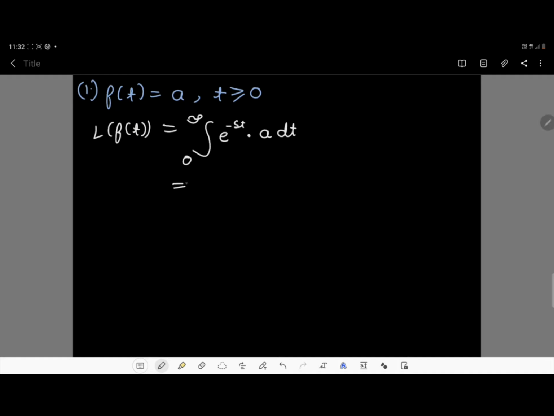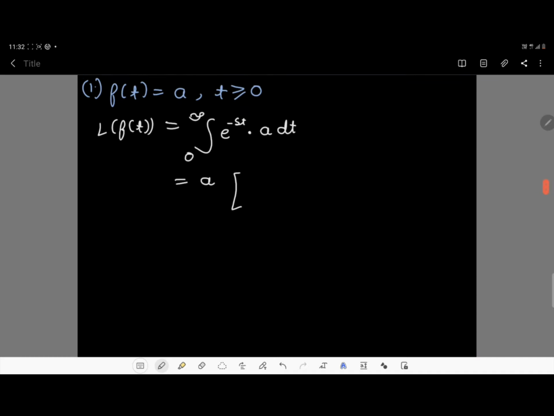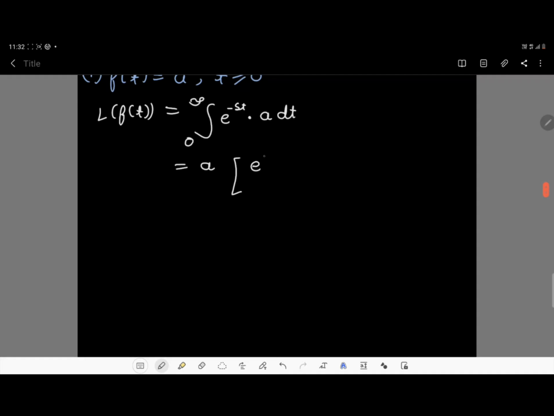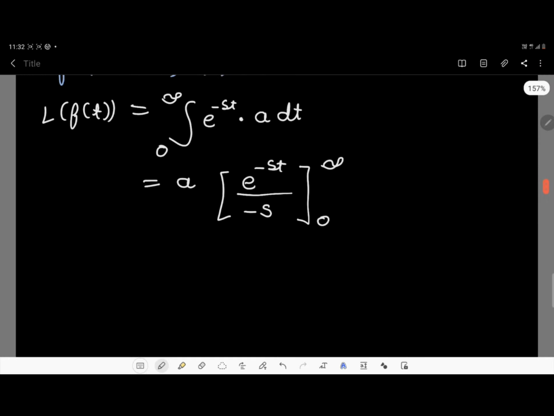So now a, integral of this, that would mean e raised to power minus st upon differentiation of this part. This is minus s, okay? And your limits are 0 to infinity. Yes, now you can substitute your limits.